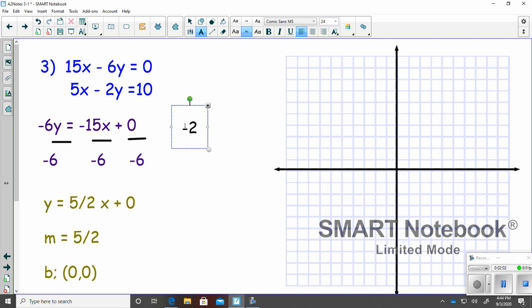I noticed that y obviously is not by itself, so I'm going to have to do some work here. Transpose the 5x, causing it to be negative. The 10 is going to remain positive. I'm going to divide everything by -2.